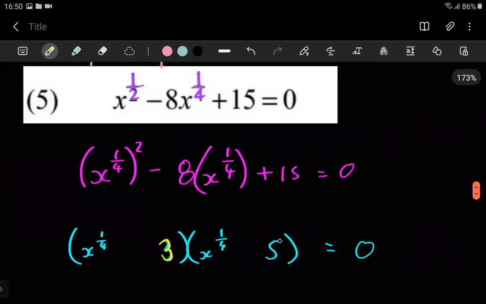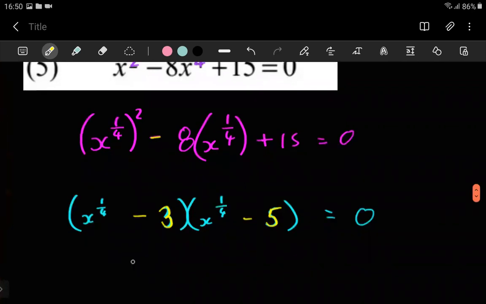Does 3 and 5 work? Wait, let me see. Minus 3 and minus 5. Perfect.